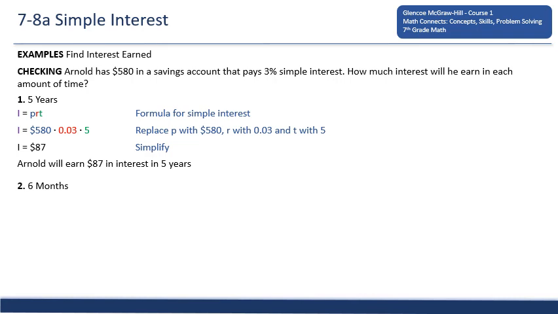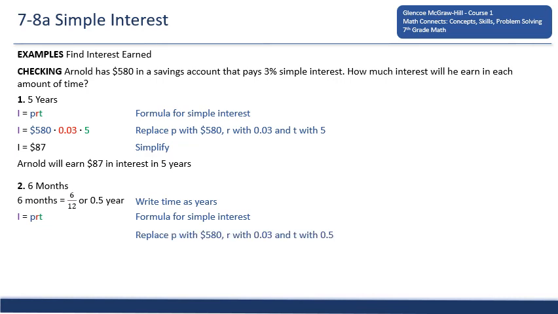If we project how much he'll earn in 6 months, using 3% and the $580 in principal, first we need to convert 6 months to years. So 6 months equals 6 over 12, which is 6 out of 12 months, or 0.5 year. We use the interest formula, interest equals principal times rate times time.